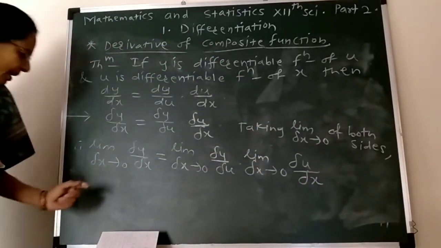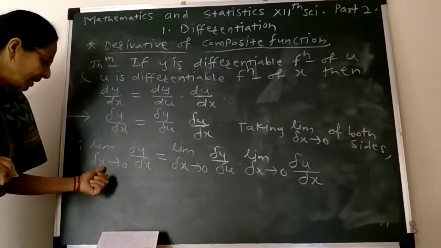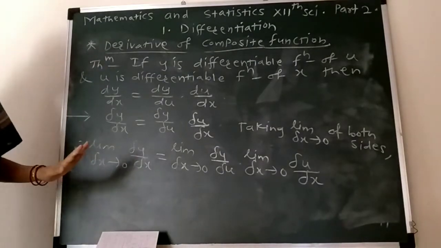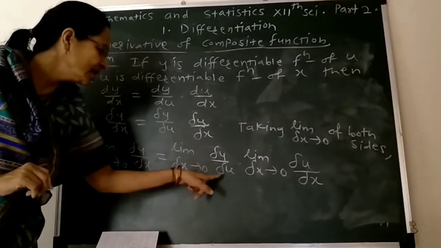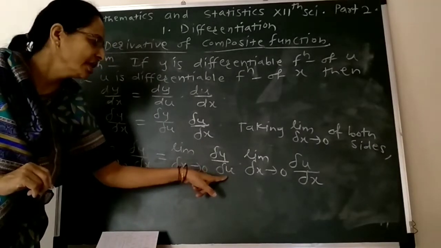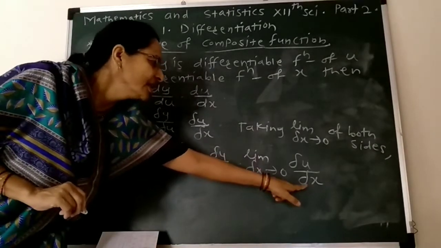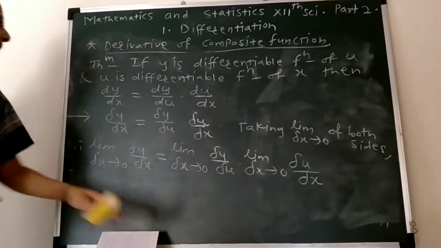If we see, then here is delta x, so limit exists. Here delta x, delta u, limit does not exist. Delta x limit exists.